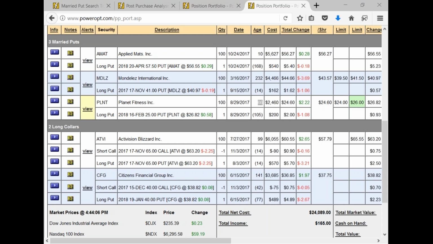I'd say the one difference is that on ATVI, I could sell an income method number one maybe 14 days out and see a 2 to 3% return against the investment. Whereas on CFG, if my requirements are met for income method number one, I'm probably selling a 43-day out option, which I did today for the December 40 call.